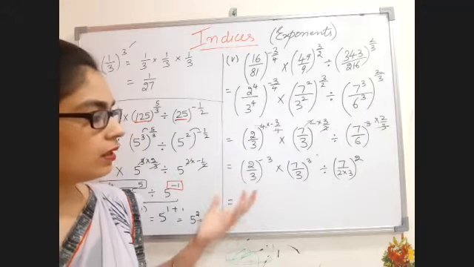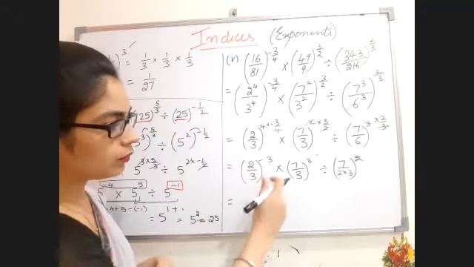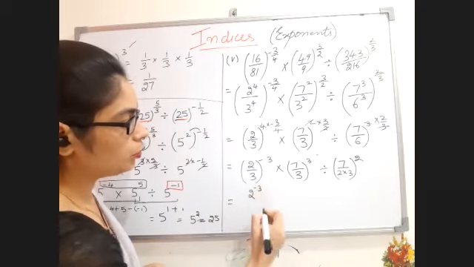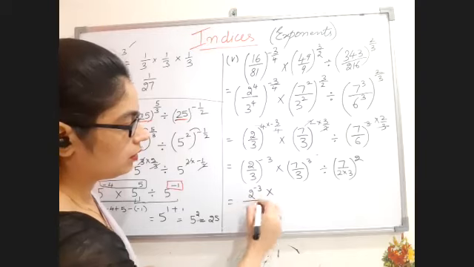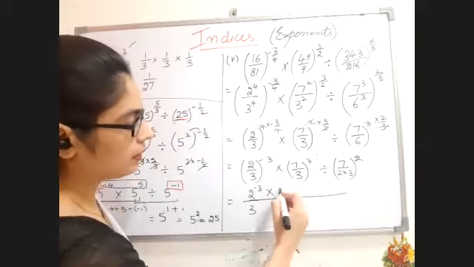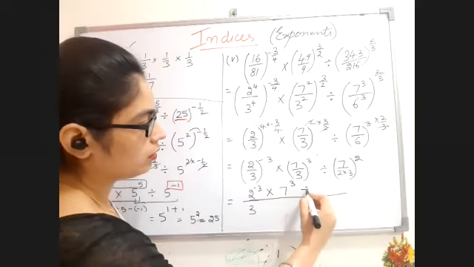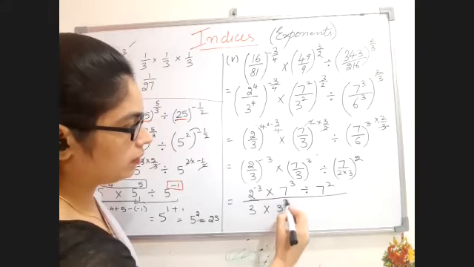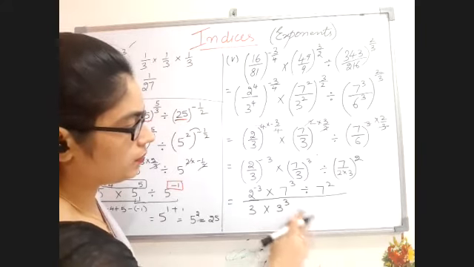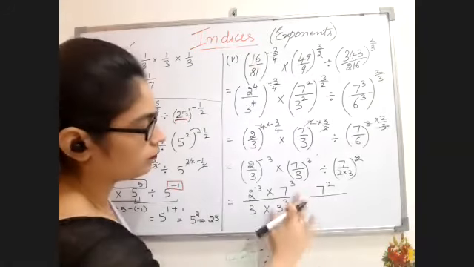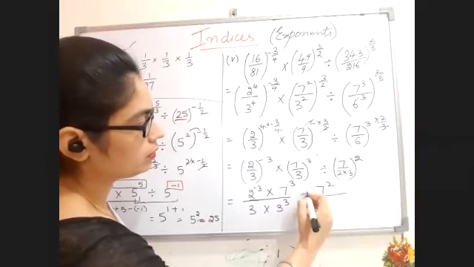Now again, if you want, we can do it directly, but it's better to write the powers separately. So 2 by 3. See, numerators I'll write together and denominators I'll write together. And 3 to the power 3 divided by, these are getting multiplied, so this I'll write.